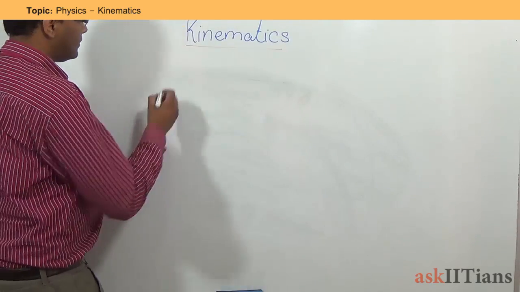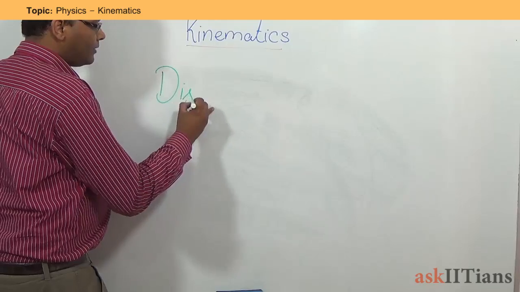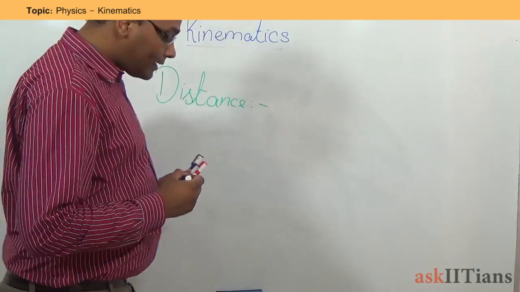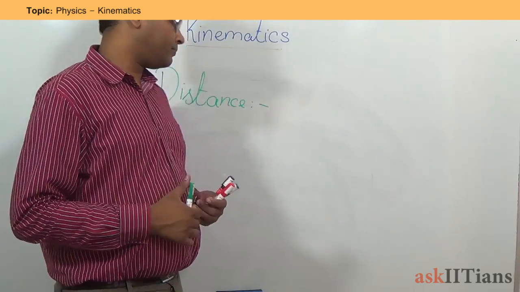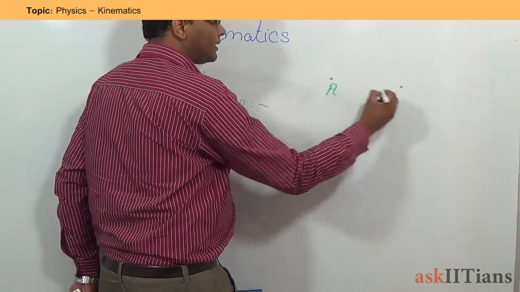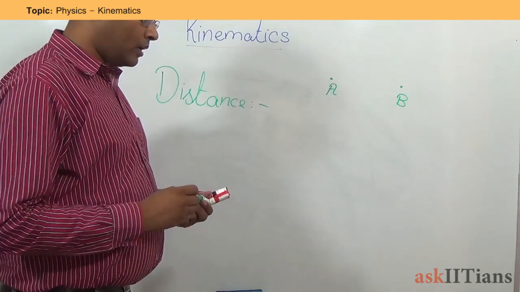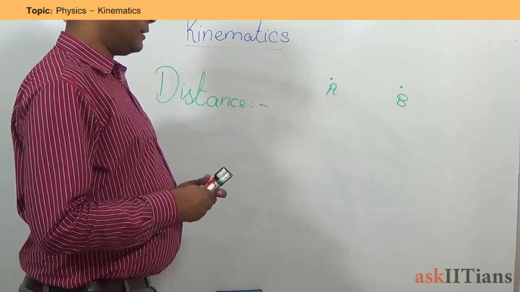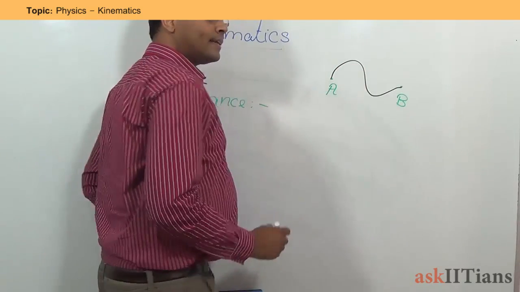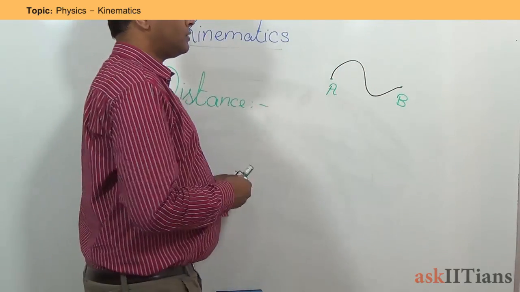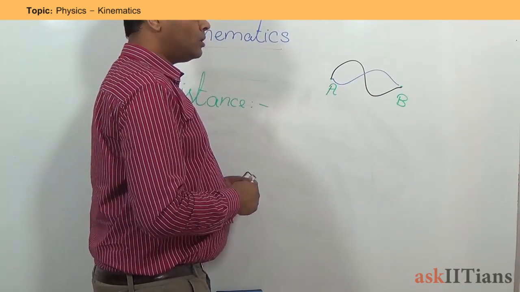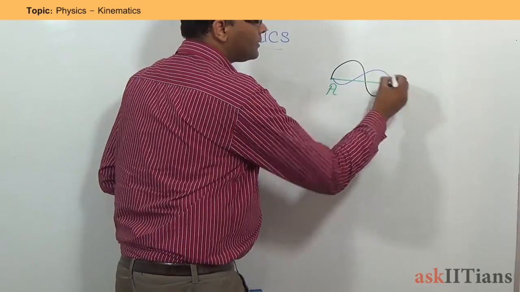So to start with, first we define what exactly distance is. So what does distance imply? If I have two given points, let's say the point A and the point B, and I am not given any predefined path, then any object going from the point A to the point B can take this path, or this path, or more generally, it could take the straight line path.